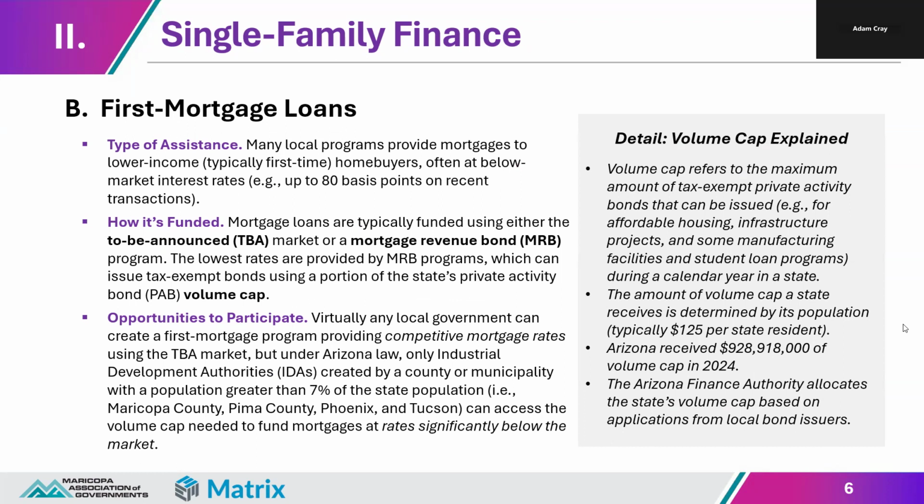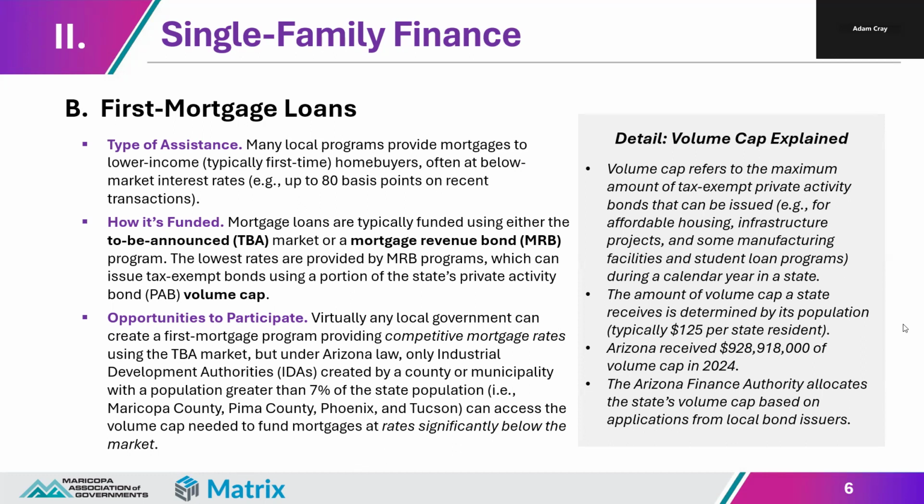Local governments can provide that service as well, and in many cases, the difference in the rate between what you'll get at the bank and what your local government can provide under some circumstances is significantly lower. That is to say, the local government can give you about an 80 basis point discount depending on the type of financing you use. So to that point, it really depends on how the programs are funded.